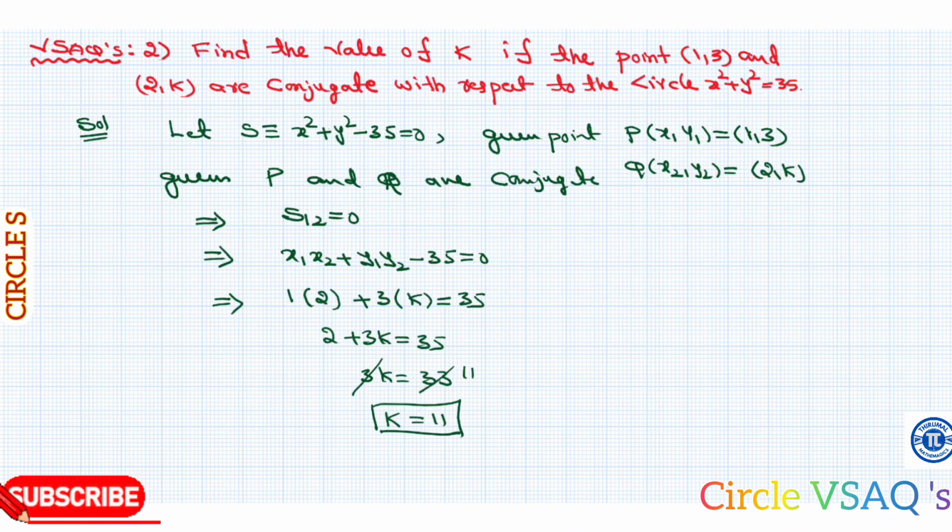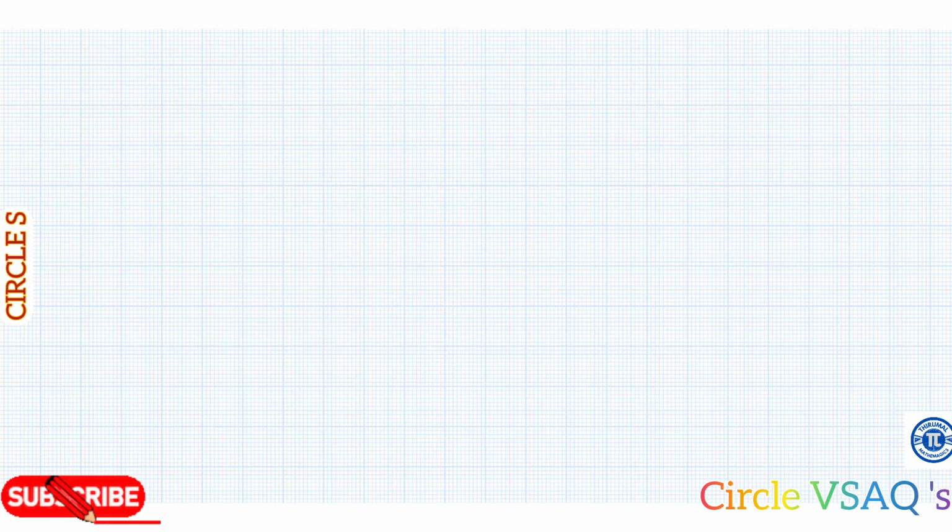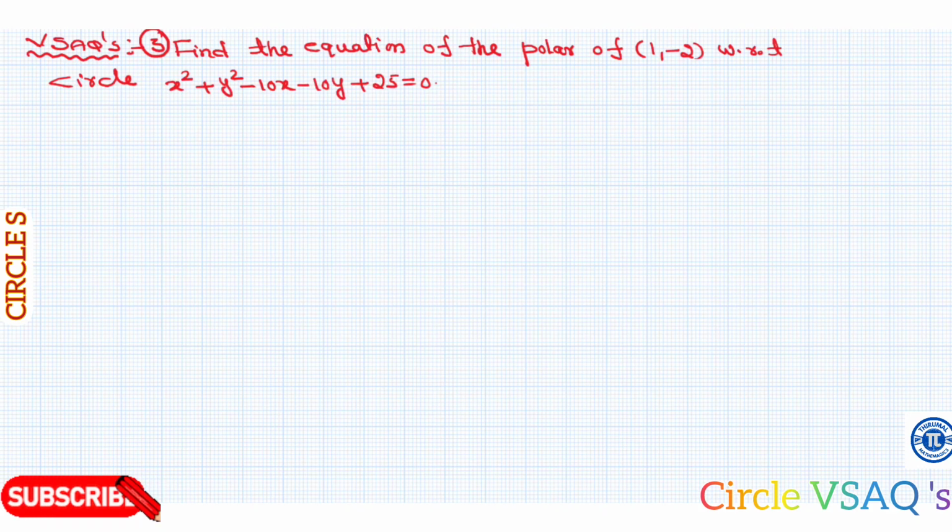Next question. Question number 3: find the equation of the polar of the point (1, minus 2) with respect to the circle x square plus y square minus 10x minus 10y plus 25 equal to 0. Okay, now solution.